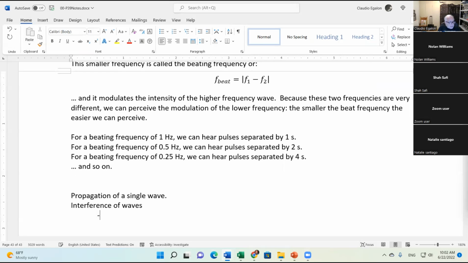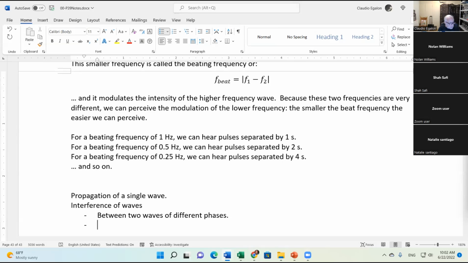We look at interference between two waves of different phases, right? And when we did that, standing wave is just an interference of two waves of different phases.